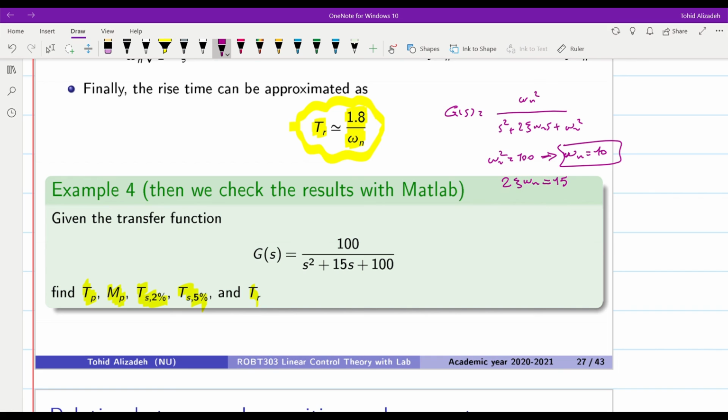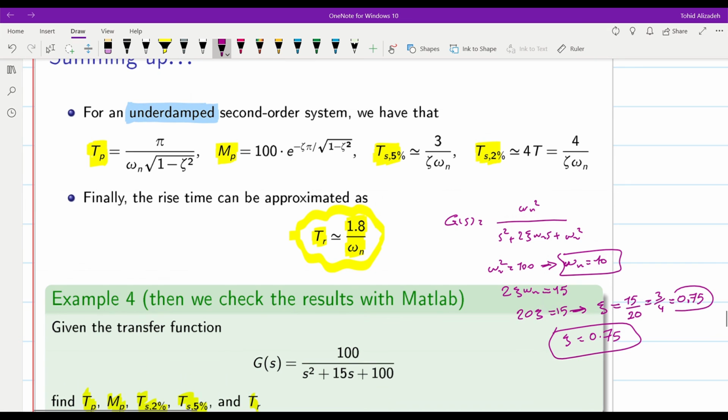If I replace ω_n with its value, we will get 20ζ equal to 15, and then ζ will be equal to 15 over 20, 3 over 4 or 0.75. So ζ will be equal to 0.75 and ω_n is equal to 10.